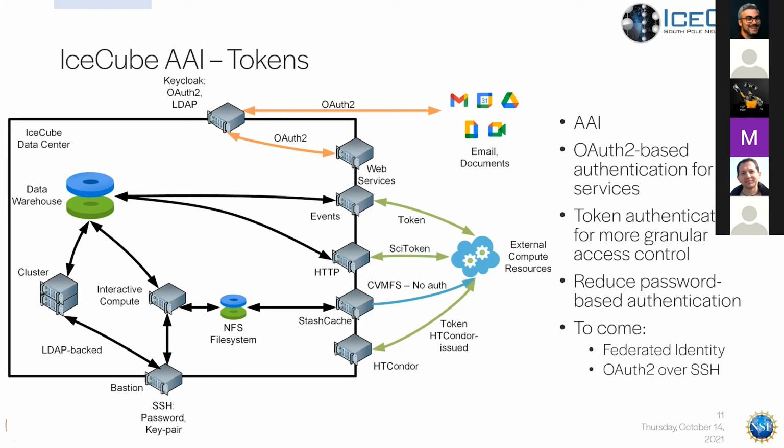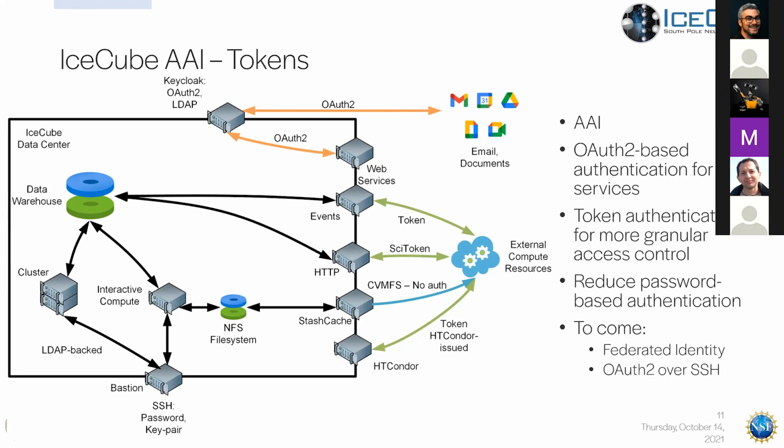But with the granular access control, we hope we can reduce that risk. And we want to ultimately reduce our password-based authentication. I mean, with OAuth2 there will still be a password involved, but there's a much stricter security frame around that. And of course, then we can also bring in federated identities, as I mentioned, as an easier path for the user.